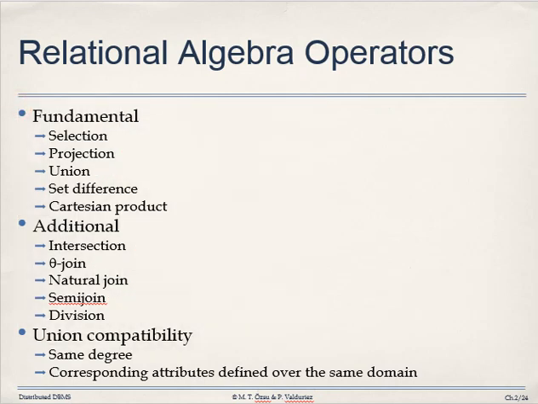Another term is union compatibility, which we will deal with in the next slides. So what exactly does union compatibility mean? It means the same degree. We have already seen how to find the degree of a relation: by counting the number of attributes present in that relation, with corresponding attributes defined over the same domain. This is known as union compatibility.